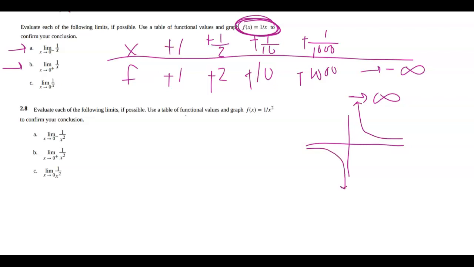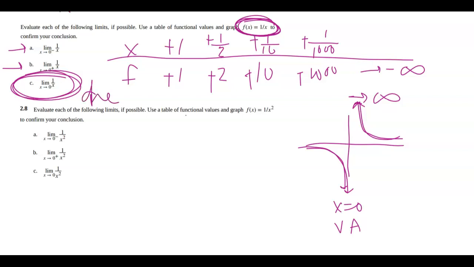We have a vertical asymptote at x equals 0. And here, we don't go to the same infinity value, so it is very clear that the limit from both sides does not go to the same infinity value. One goes to negative infinity, one goes to positive infinity. We say here the limit does not exist.